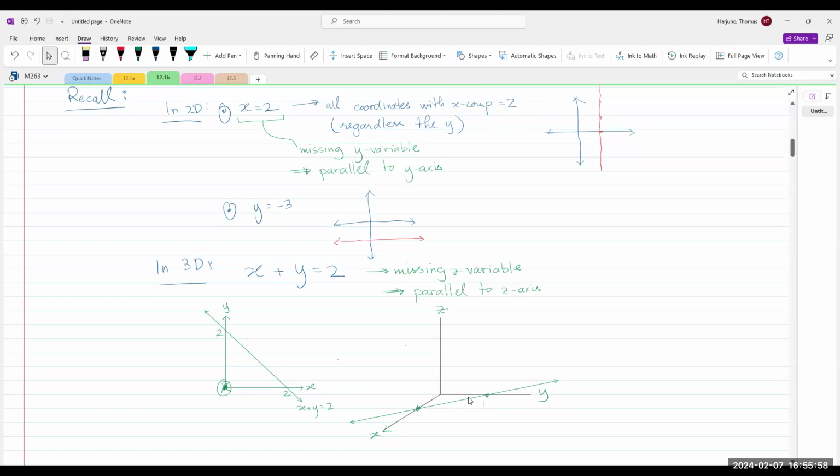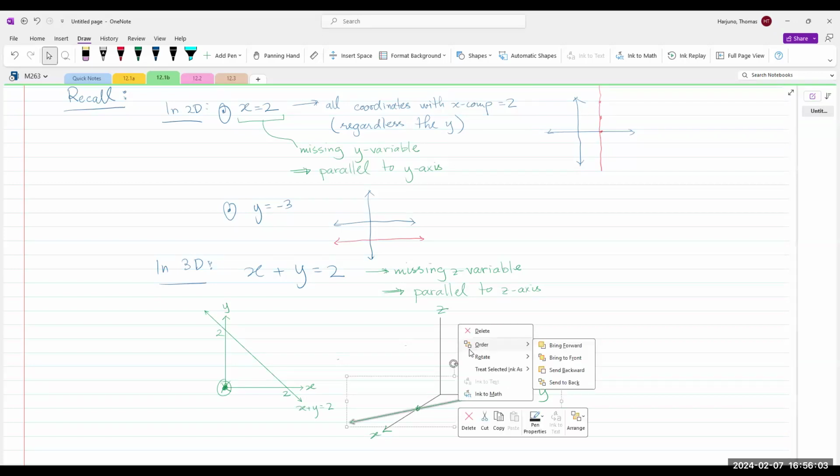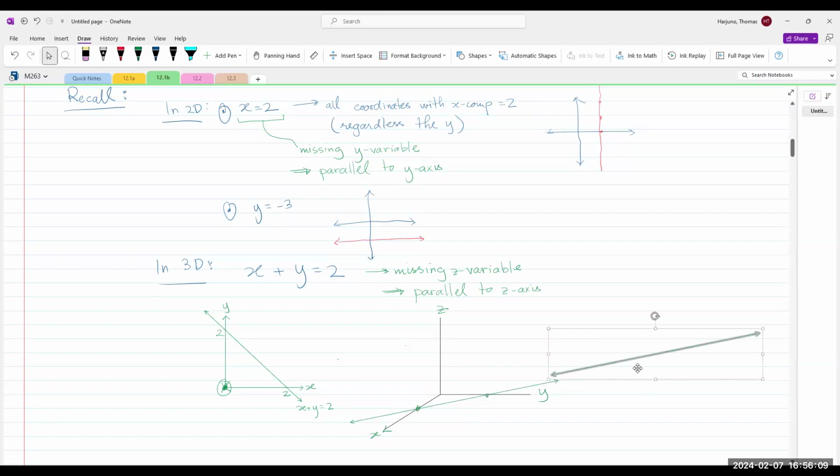So what I will do is I will take this, I copy that, such that this point here will go up here. Like that. Okay, so we end up with this.